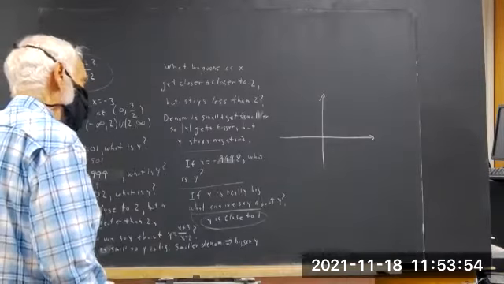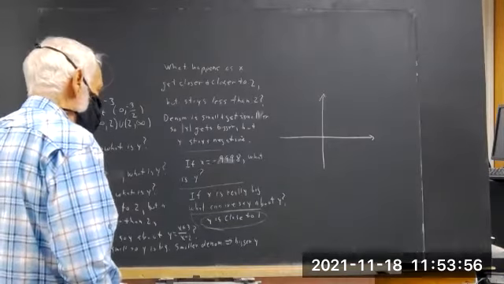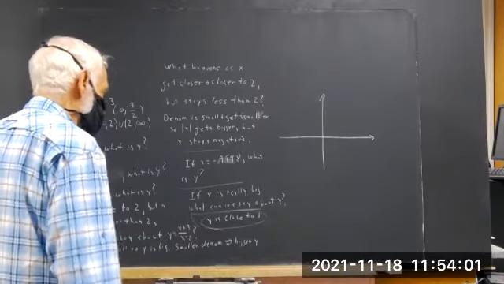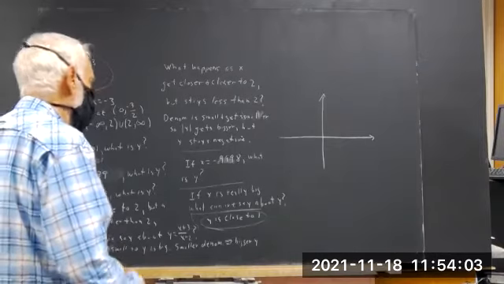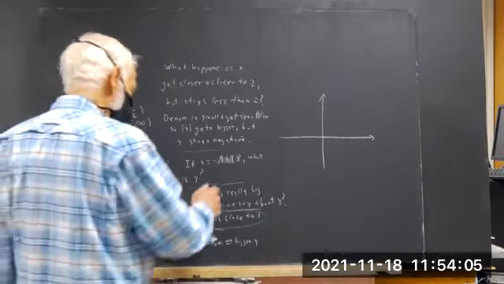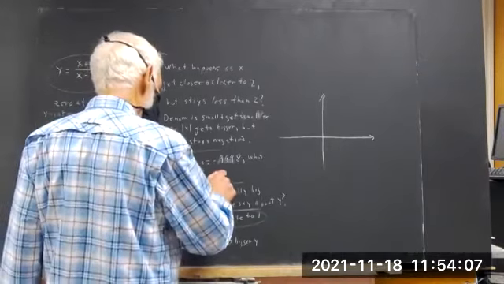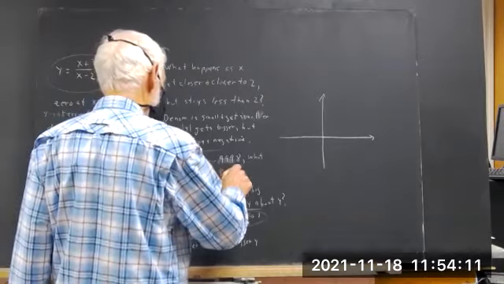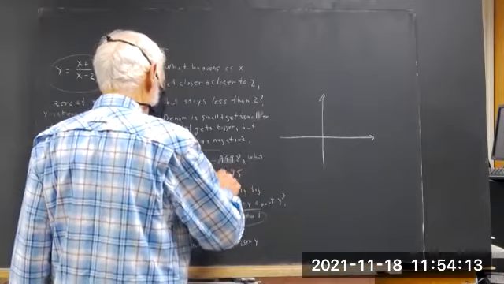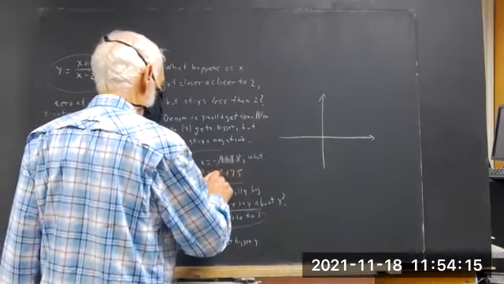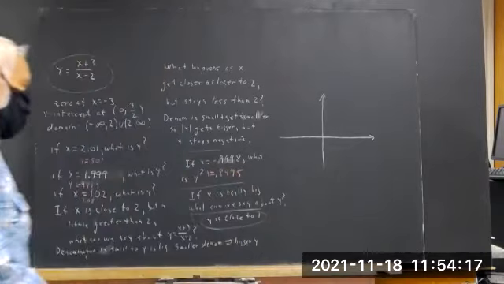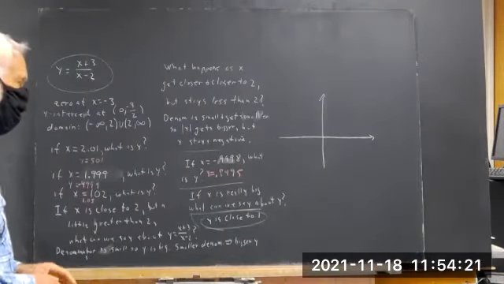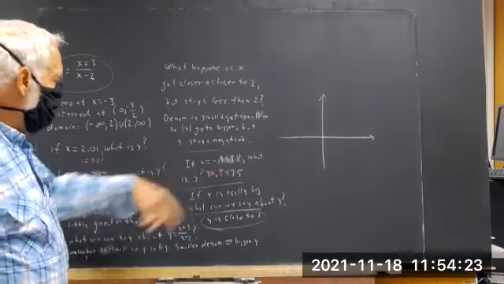So you're going to get a result over 10,000, and you get y is 0.9995.